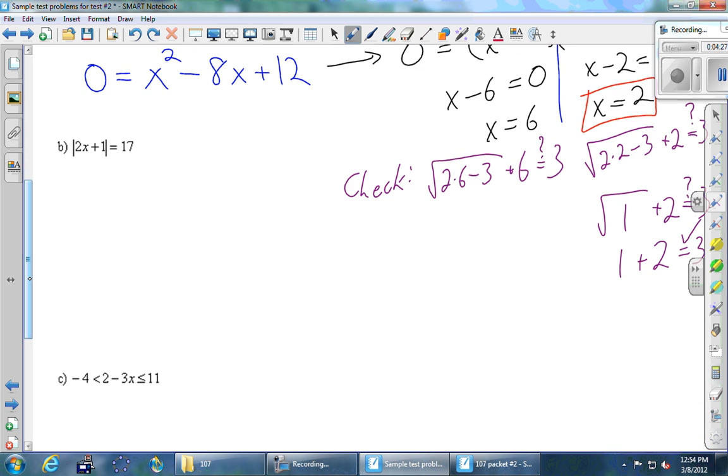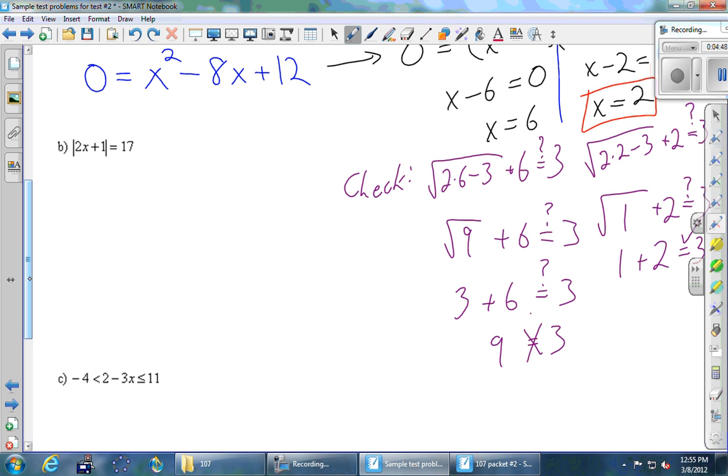Okay, let's see if this works. Square root of, let's see, 2 times 6 is 12, minus 3 is 9. So the square root of 9 plus 6 equals 3. The square root of 9 is 3, plus 6 equals 3. 9 equals 3, and clearly it does not. So what that means is that x equals 6 gets rejected.